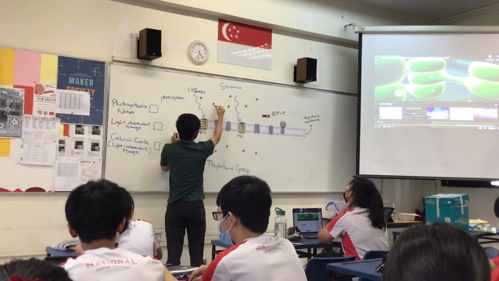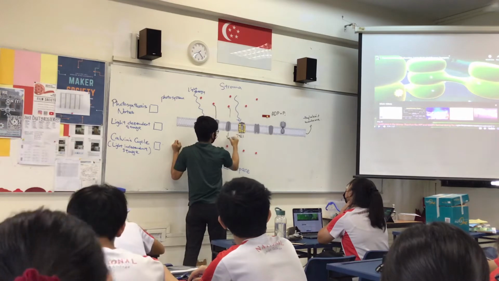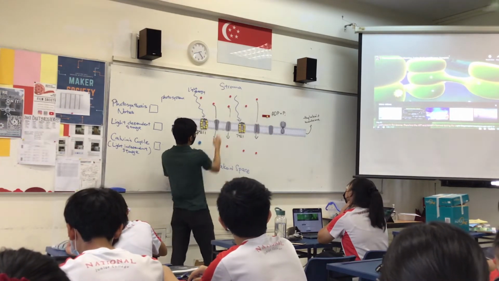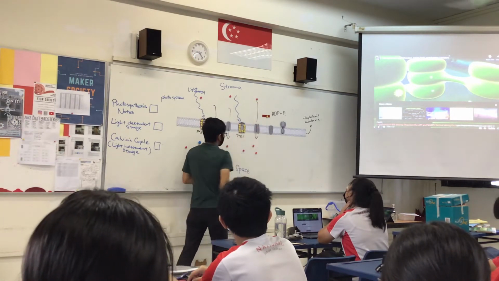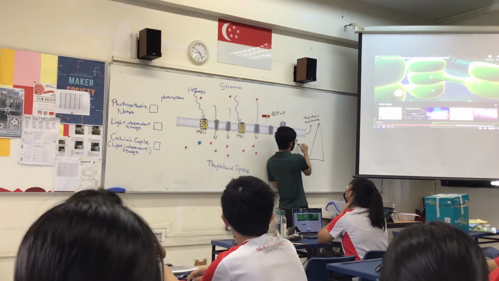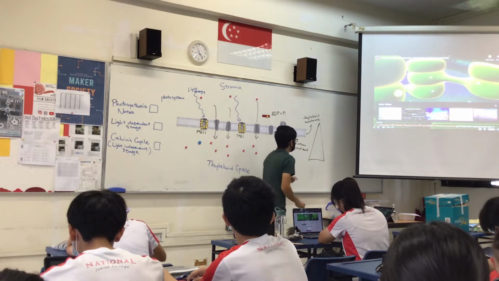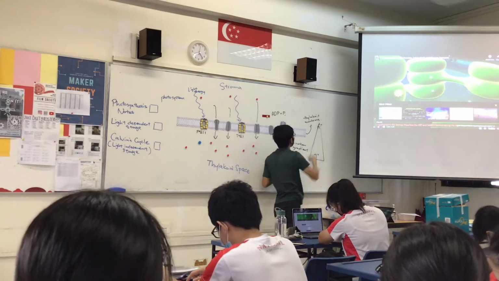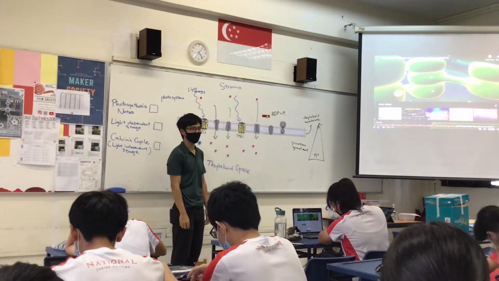So I'm going to pump all of these into the thylakoid space, setting up what we call a proton gradient, where there's high H+ on the inside and very low H+ in the stroma. Same thing, we are just setting up a proton gradient.